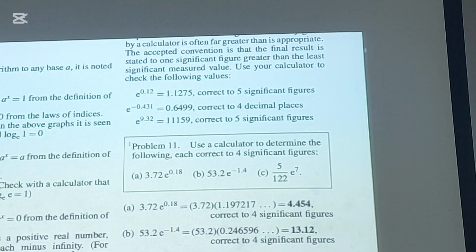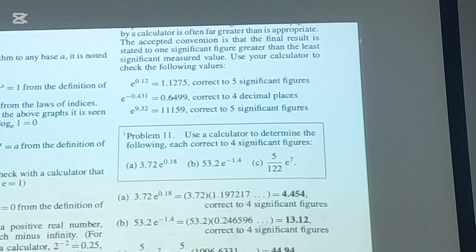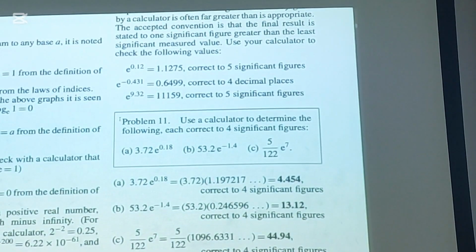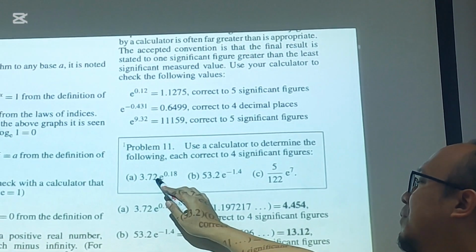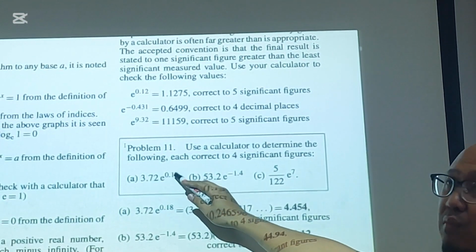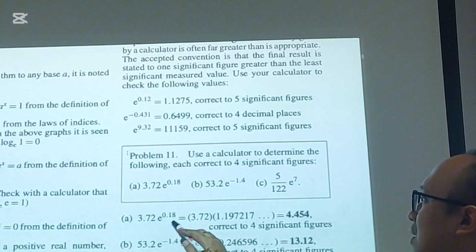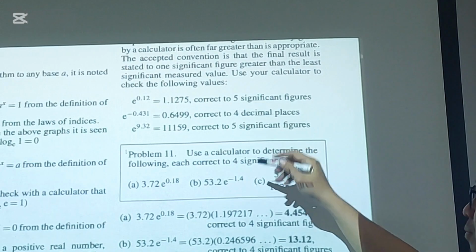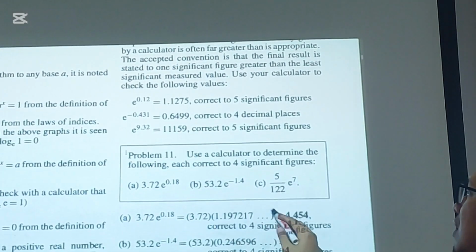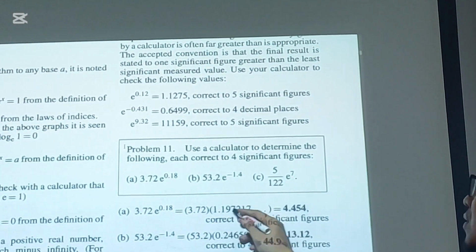I think there is no difficulty because you use a calculator. 3 multiplied by A power by 0.18. So how to get A power 0.18? You can use your calculator, then multiply the answer.